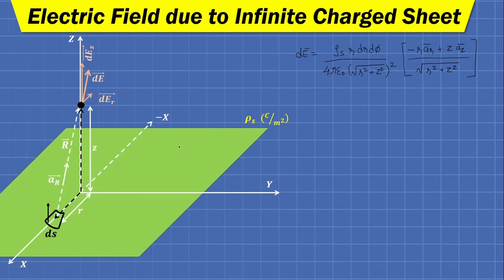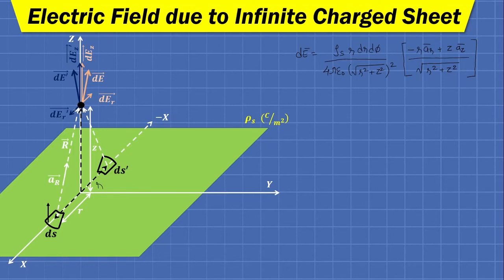Okay, but before doing so, if we have a small differential surface on the positive x-axis, then such a small surface may also be imagined at the same distance r on the negative x-axis, and due to this surface we are going to have some small field intensity at point P. If we divide this intensity into two components, one along R and the other along Z, then we can witness that the R components of both intensities will cancel each other.